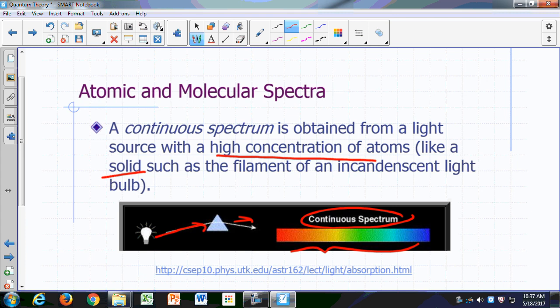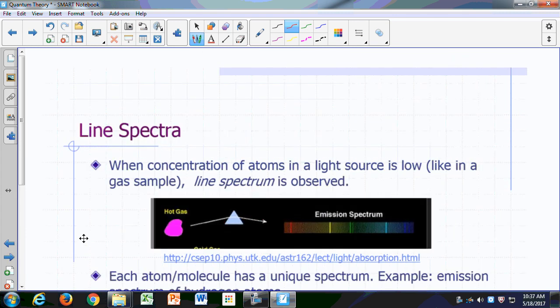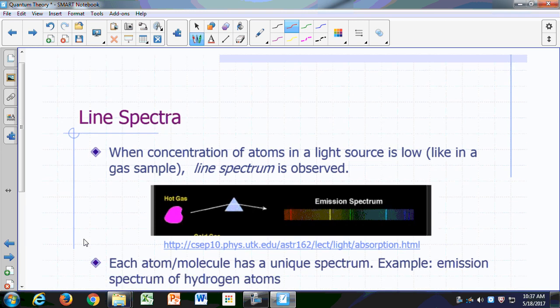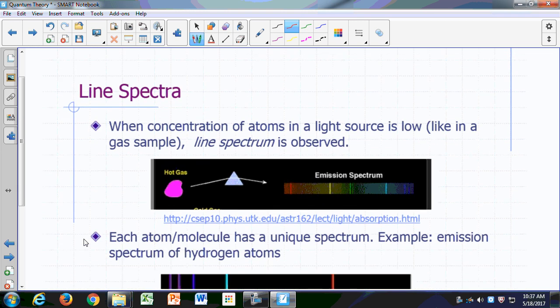You get to appreciate a little better exactly why we call it continuous if you look at what happens if your light source has a low concentration of atoms. So if the concentration of atoms in your light source is low, for example, if you have a hot gas sample right here, it produces light, and you were to separate the light produced by the hot gas into its component wavelengths, you get what's called a line spectrum.